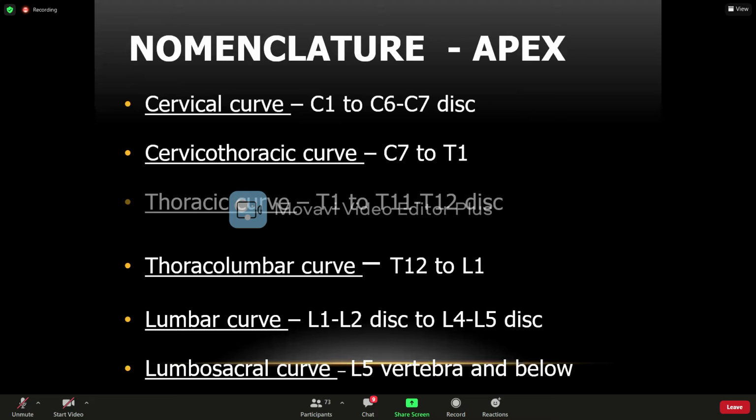If it is below the L1 vertebra, it's called a lumbar scoliosis. And if it is between C7 and T1, it's called a cervicothoracic scoliosis. So it is important to know which vertebra is maximally translated from the midline. That vertebra is called the apex vertebra, and the location of the apex vertebra gives you the nomenclature. So the curve is defined as per the location of the apical vertebra.